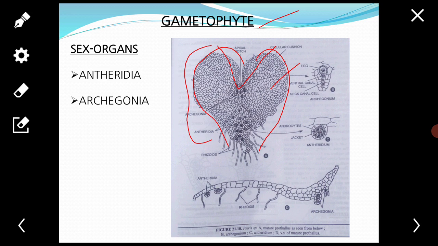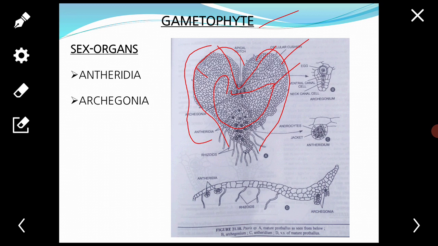The central portion of the gametophyte is several cells thick, called the cushion, whereas the lateral margins or lateral wings are one cell in thickness.